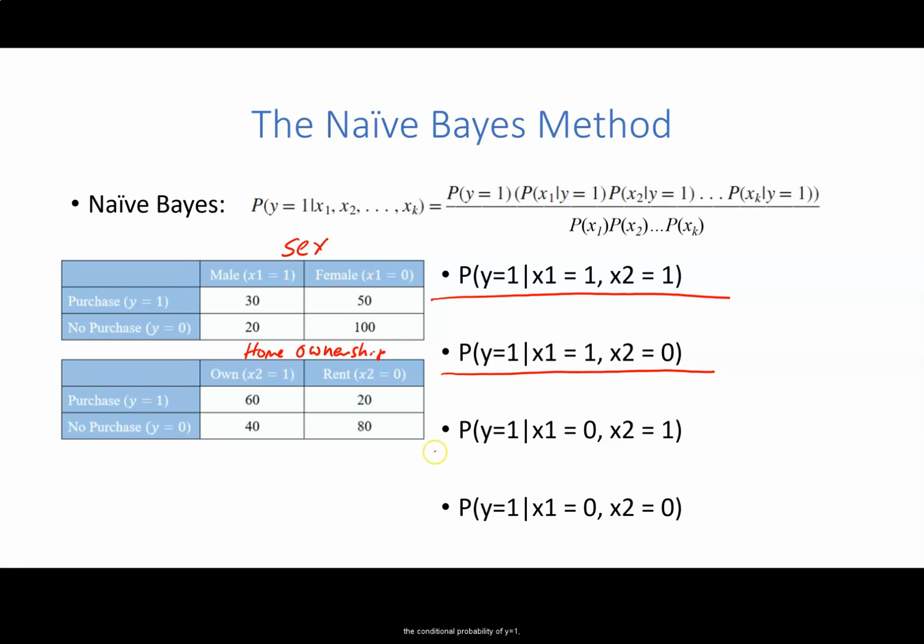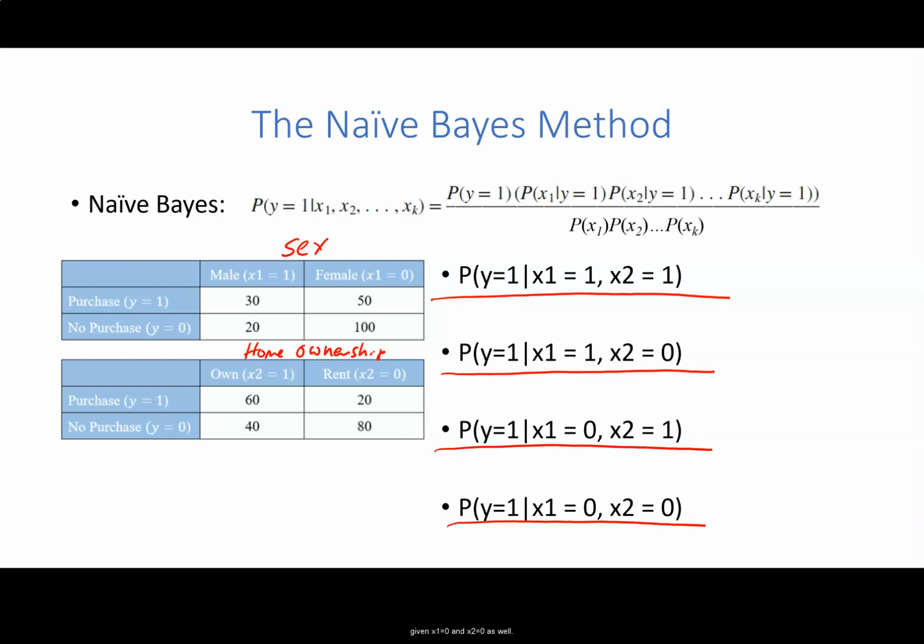The conditional probability of y equal to 1 given x1 equal to 0 and x2 equal to 1. And finally, the conditional probability of y equal to 1 given x1 equal to 0 and x2 equal to 0 as well.